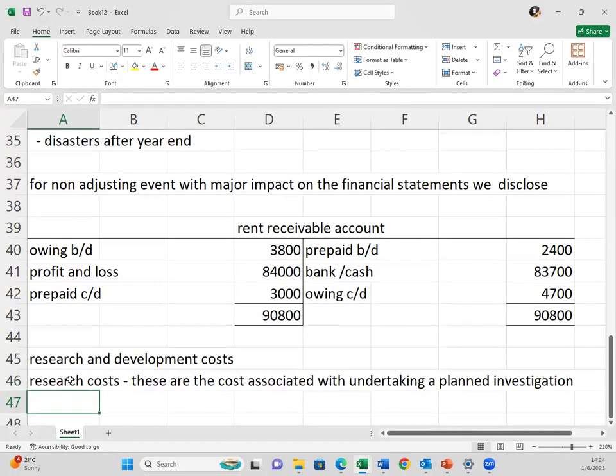So we first of all do our research. Then after the research comes development. We research, we get information. After researching and getting information, we then apply that information to get a product, a service, or a method. When you're now applying the research findings, the process is called development.